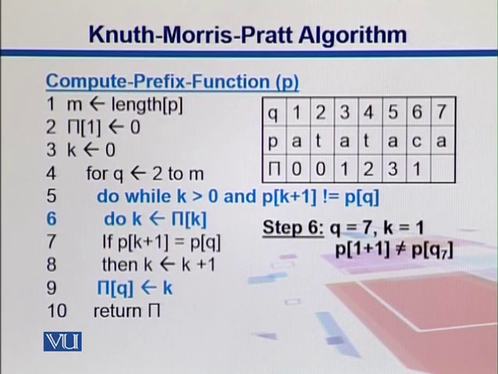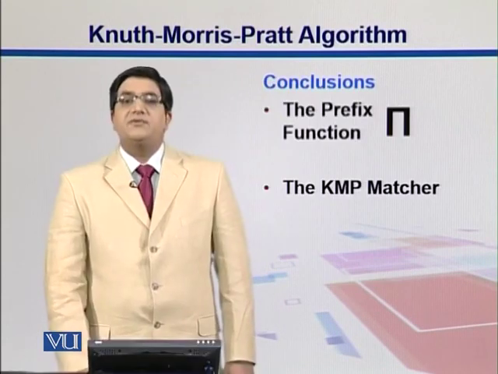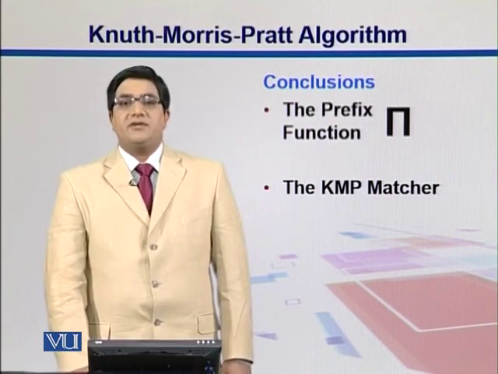No. So we will stay in this condition 5 and 6. And then we will update the K with the pi of K. So at that position, pi of 1 was actually 0, since our K was 0. So at pi of 7, we will store a 0. So in this way, we have computed this prefix function, and we will use this information when we do our matching.